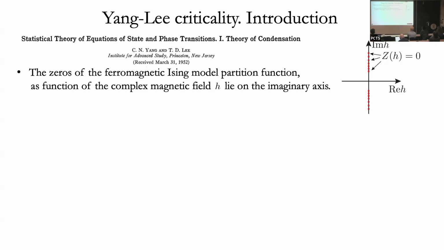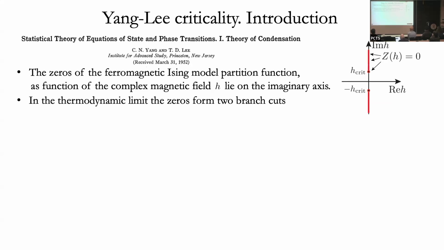And they proved it mathematically rigorously; they have a theorem in their paper that for the Ising model, the zeros of this partition function lie on the imaginary axis of the magnetic field. If you have a finite number of spins, there are these zeros. If you go to the thermodynamic limit, the zeros become denser and denser, and then become branch cuts, which start from H critical or minus H critical.